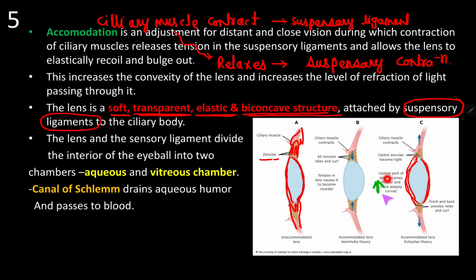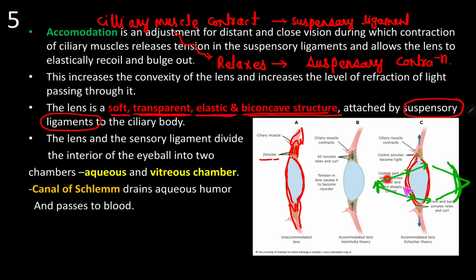When the object is near, the light will come in diverging form. When the light comes in diverging form and the lens is more flat, more thin, the image will form behind the retina. The light will converge behind the retina, not on the retina, so you cannot see.